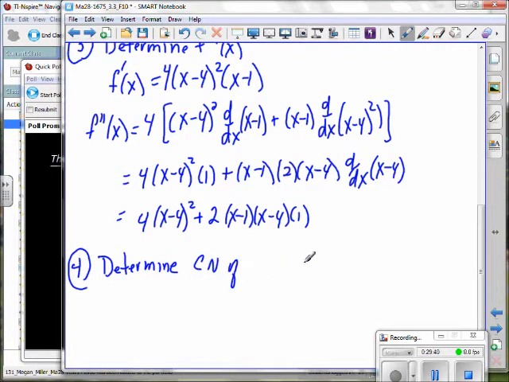Now, critical numbers of what correspond to zeros of the second derivative? Critical numbers of what other function? f of x or the derivative of x? f of x.